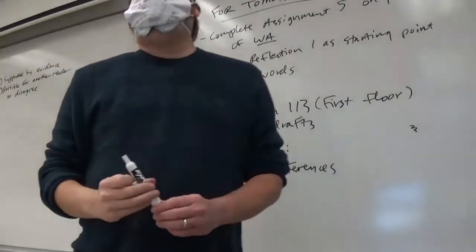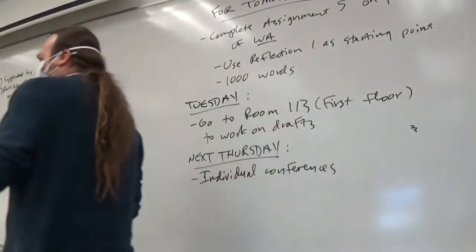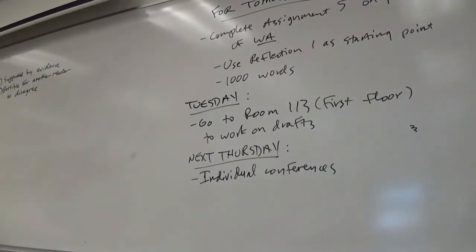If it is impossible for someone to disagree with your thesis, that means you're not making an argument. It means that you're just making an observation or a statement of fact.